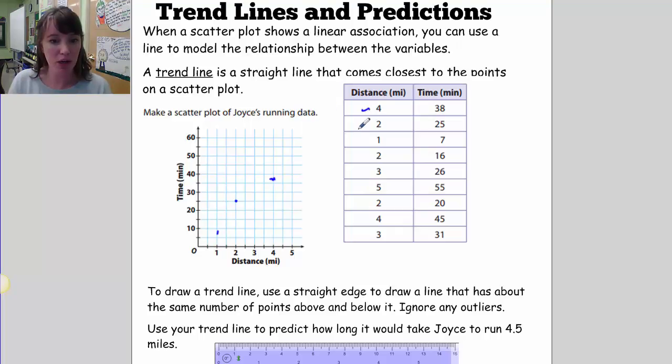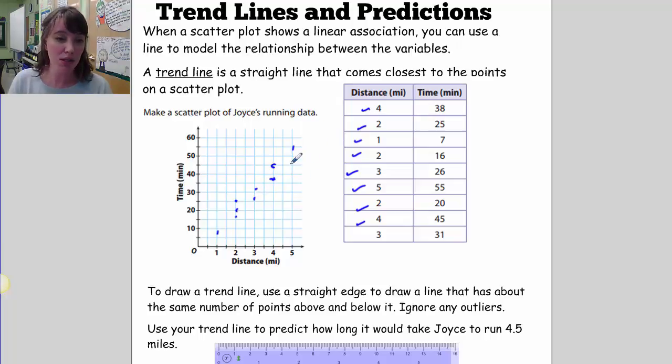Let me just check these off as I do it. 2 and 16, so 2 and there's 15 and 16. 3 and 26, 3 and 25, 26 right there. 5 and 55 would be here. 2 and 20 would be there, okay. 4 and 45 would be here. And finally, 3 and 31 would be here.